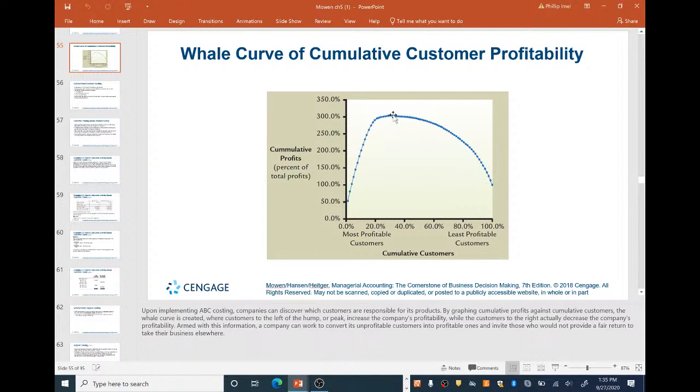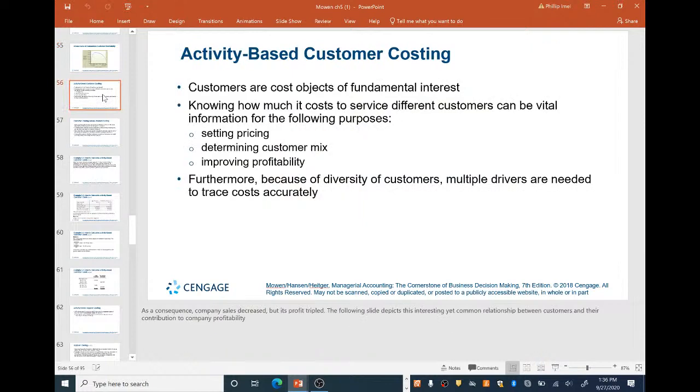And then beyond that point, you can see that it starts to decline. So in this situation, probably about 28% is going to be your peak for the most cumulative profits within the company. Once again, that's just a nice little visual of how, depending on the number of customers a firm has, there can actually be a point where you start losing money because of the amount of customers that you're servicing.